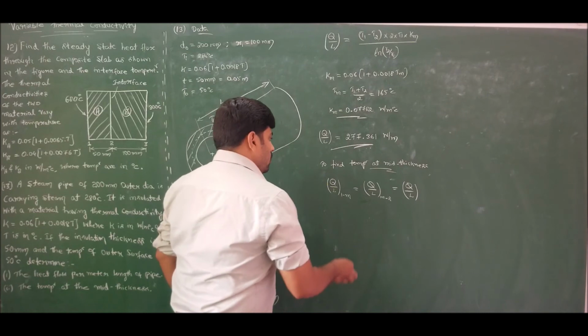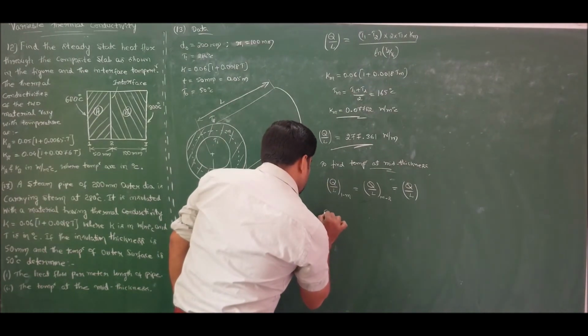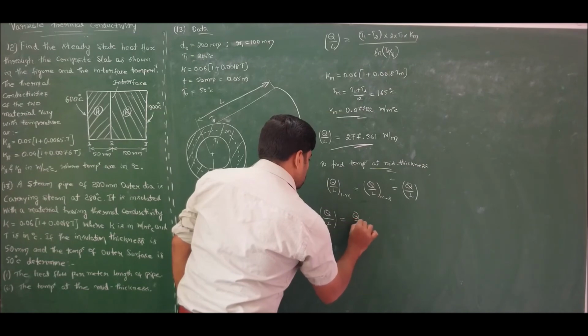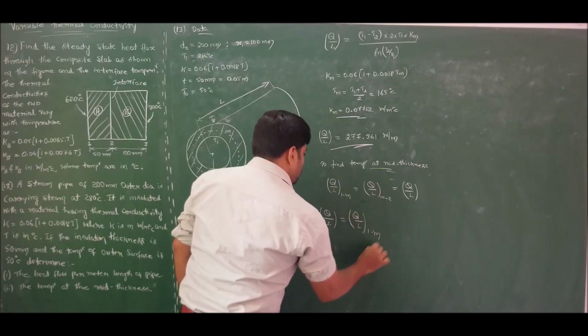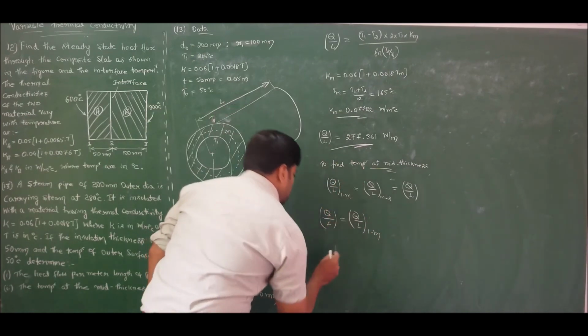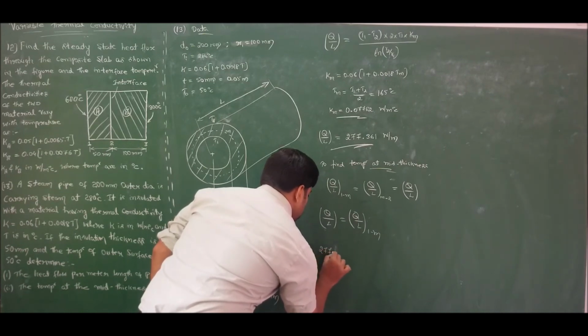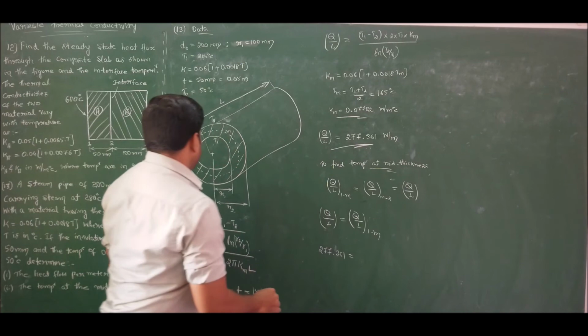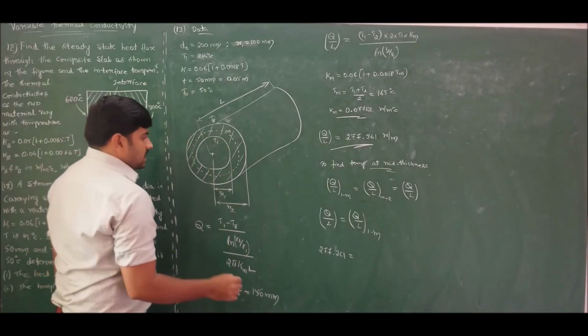If I go for 1 and 3, we have Q by L, which is equal to Q by L between 1 and M. Q by L is calculated, which is 277.361 between surface 1 and mid thickness.